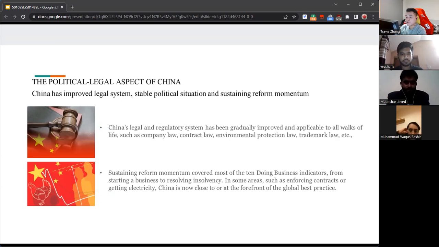Sustained reform momentum covers most of the 10 doing business indicators, from starting a business to resolving insolvency. In some areas, such as enforcing contracts or getting electricity, China is now close to or at the forefront of global best practice.